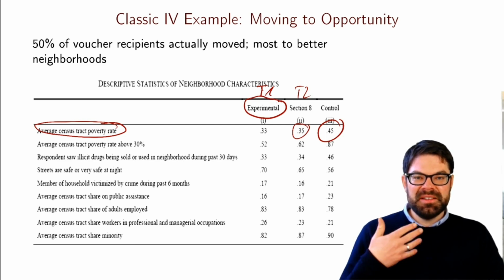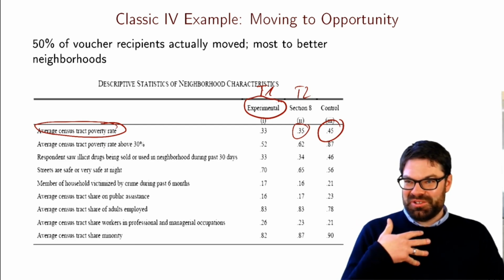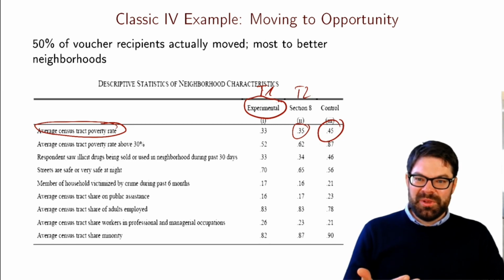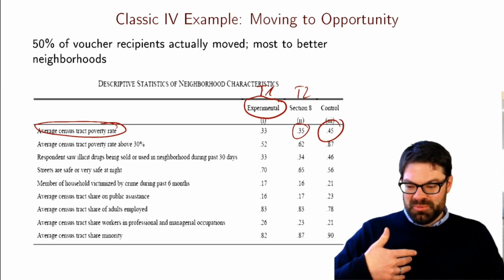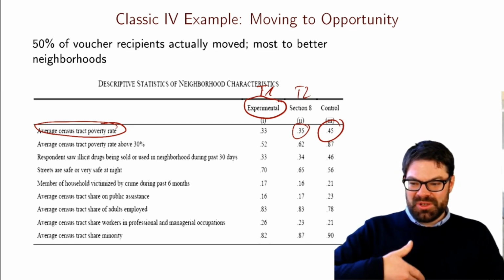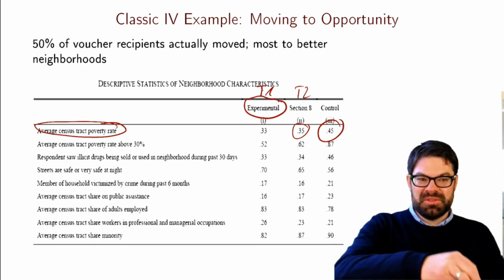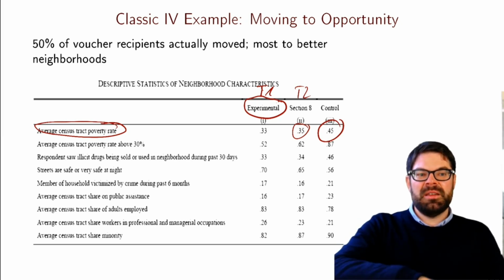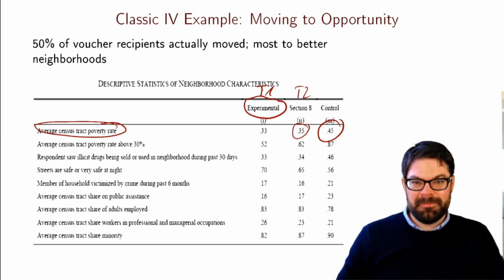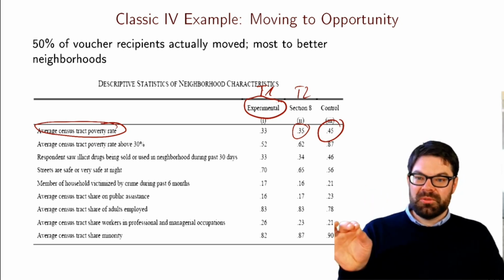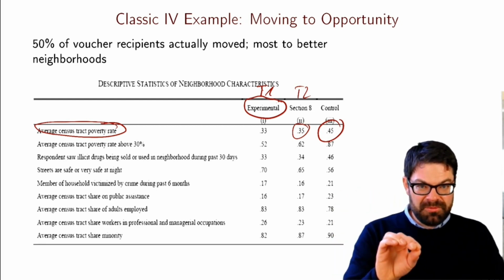And that is basically the reduced form, because it tells me then if I give a person a voucher, to what extent does that not only induce them to move, but to what extent does that improve their outcomes ultimately? These are two different questions. Both are policy relevant.